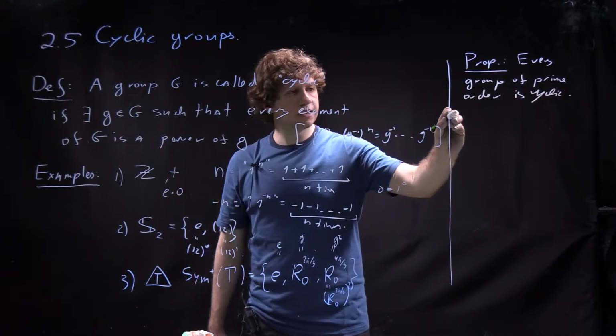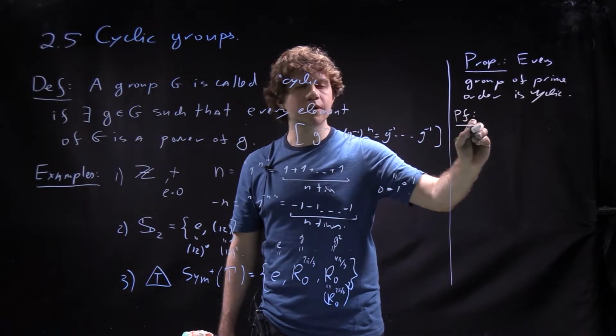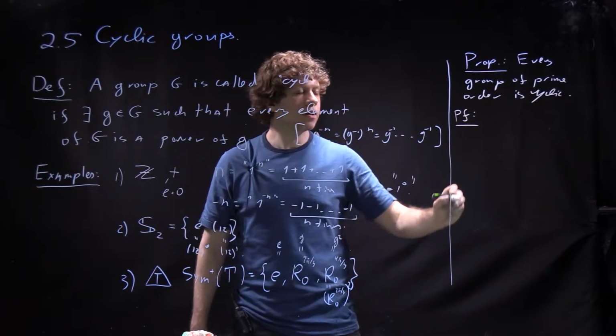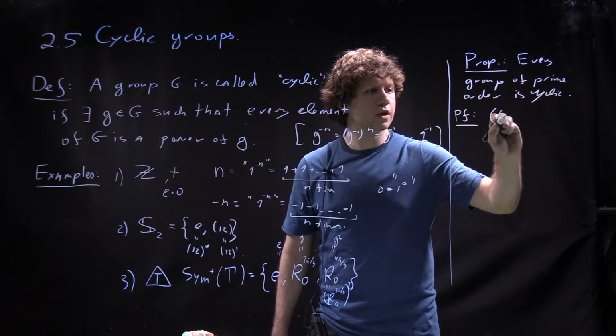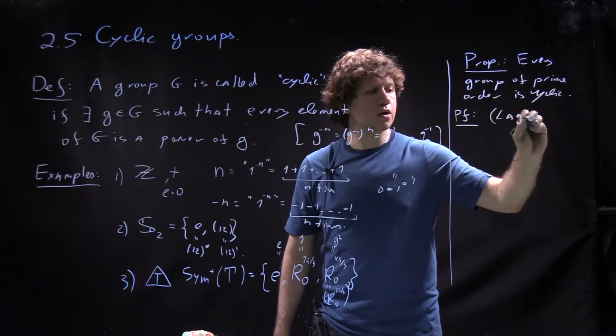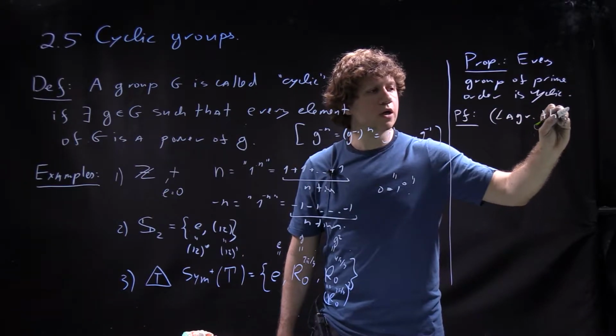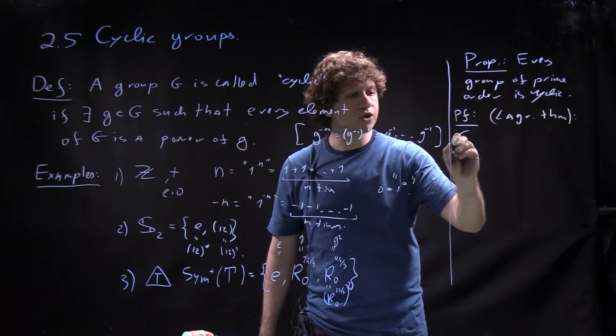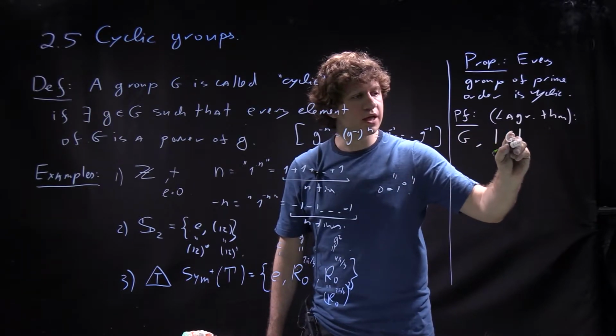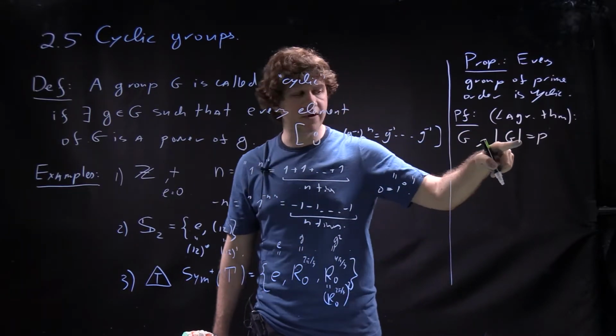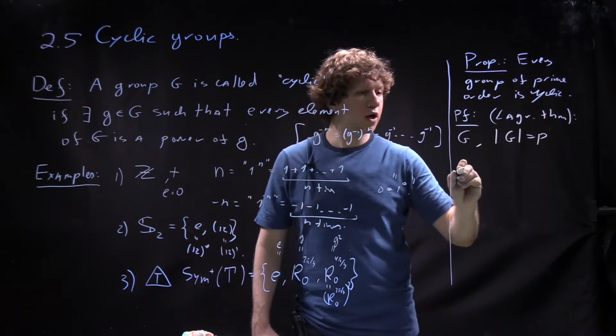And the proof just directly follows from Lagrange Theorem, basically. So Lagrange Theorem from homework. So let's consider any group G, and suppose that G has p elements where p is prime, and this is the number of elements.